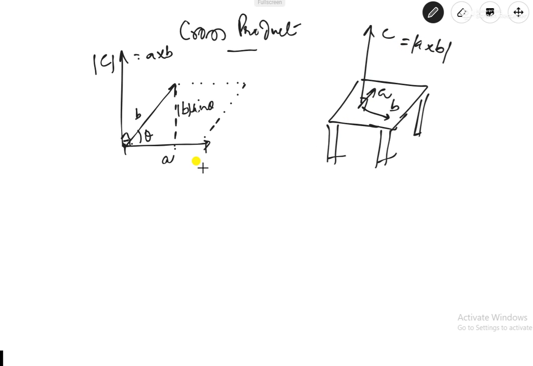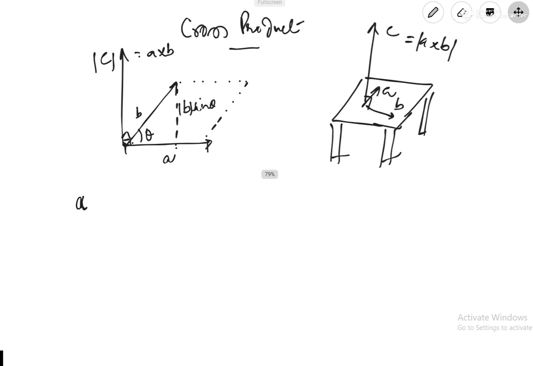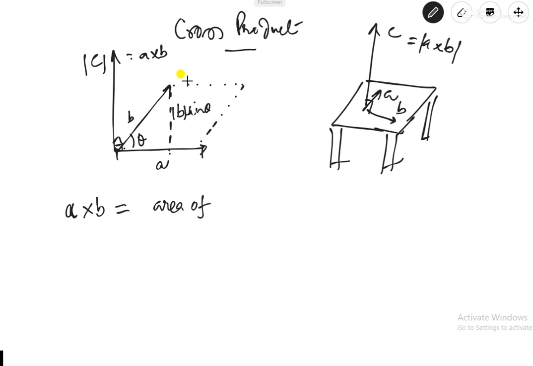Geometrically, the value of A cross B is equal to the area of the parallelogram formed with A and B as its sides.